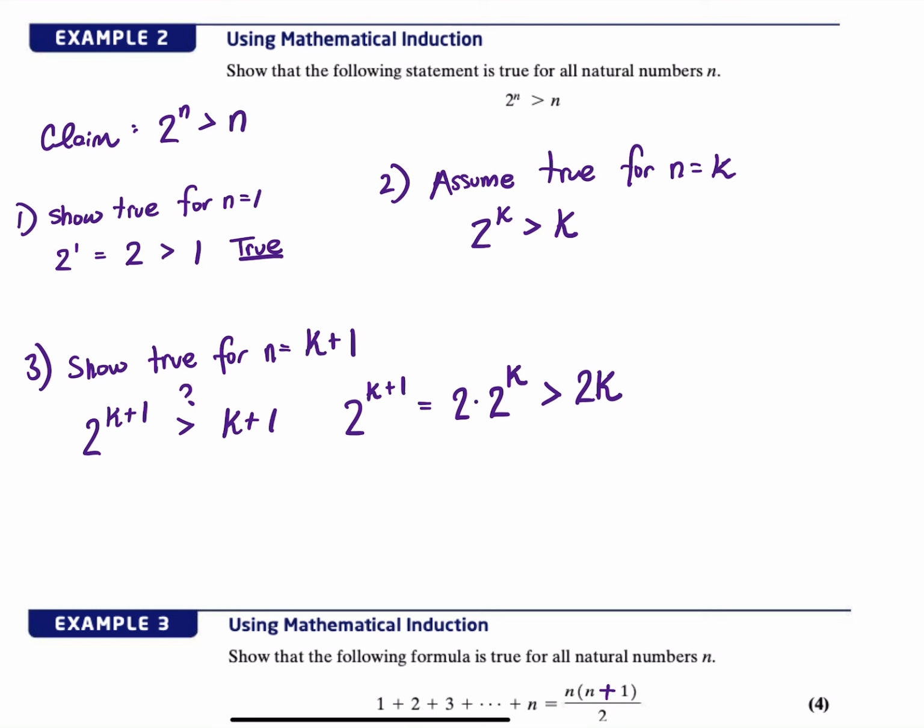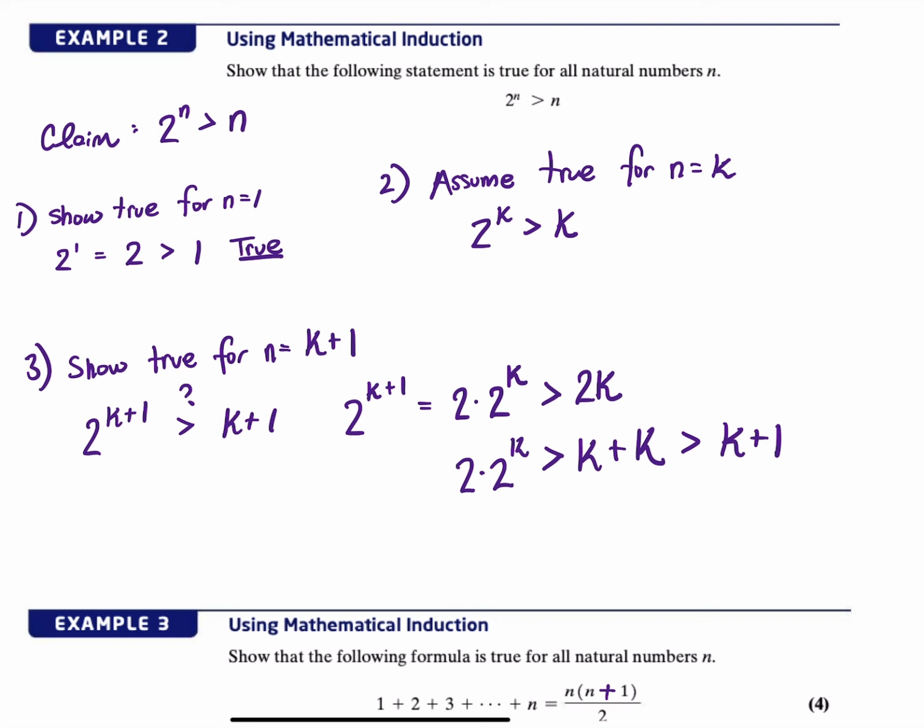And then 2 times k we can write as k plus k, which we can argue is going to be greater than k plus 1, assuming that k is greater than 1. If k was equal to 1, they would be equal to each other, but since we're focusing on every term after 1, this will always be true. 2 plus 2 is greater than 3, and so on.